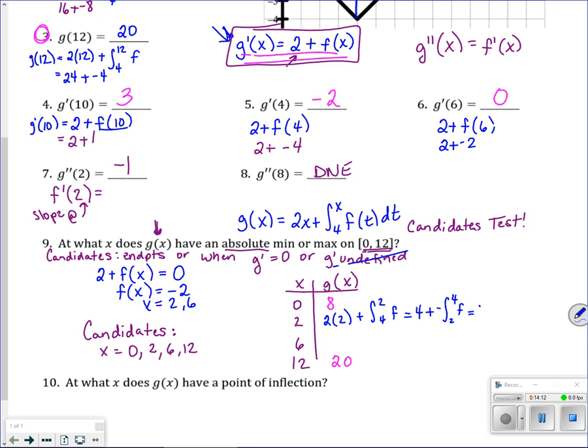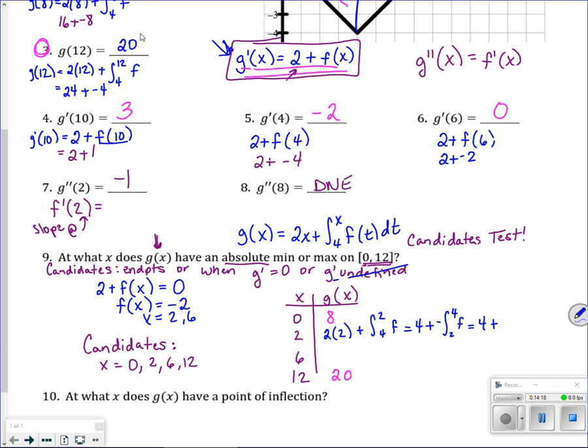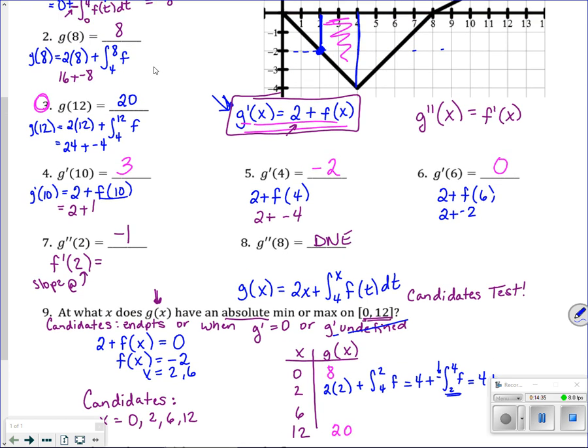I'm going to have 4 plus, and are you in agreement with me that this integral would be negative, but combined with that negative, it's going to be an overall plus there? Because again, 2 to 4 is below the x-axis, so the negative negative makes it positive. Now I have a trapezoid.